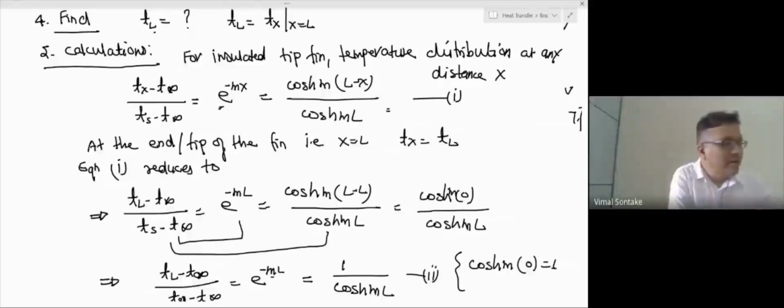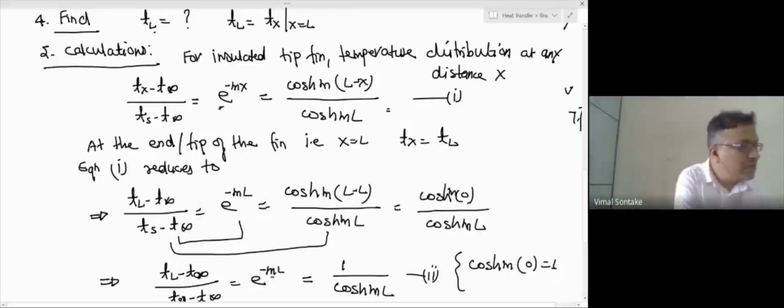Wait, let me confirm the formula from my notes. I also got confused whether it is e to power. Wait, just a minute, because I should not commit any mistake.